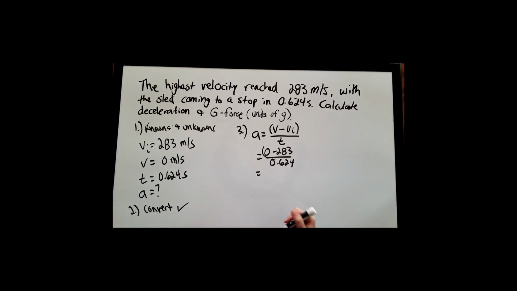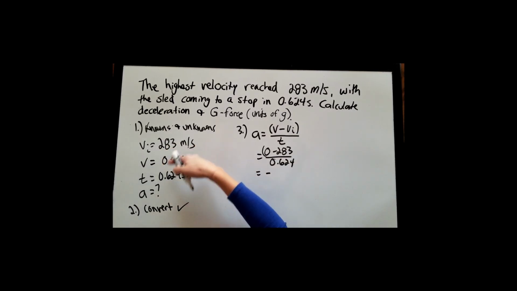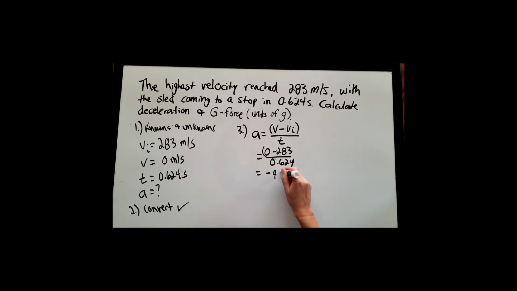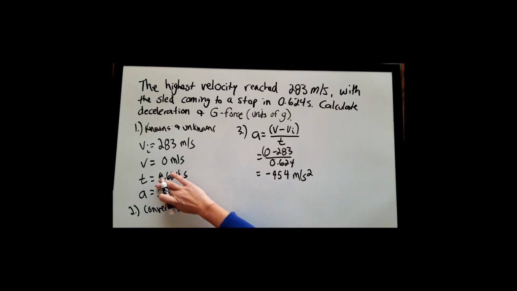When we solve, we just said we're going to get a negative, and we're looking at 3 sig figs in our answer. So it's going to be negative 450, and we'll round that up to a 4. The units on acceleration are meters per second squared. So I'm going to plug that in over here.